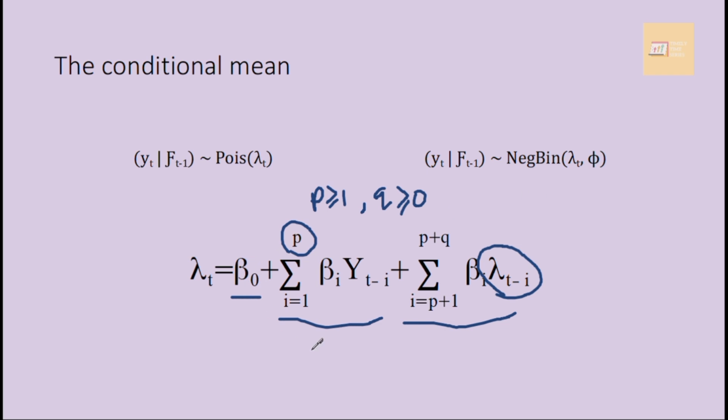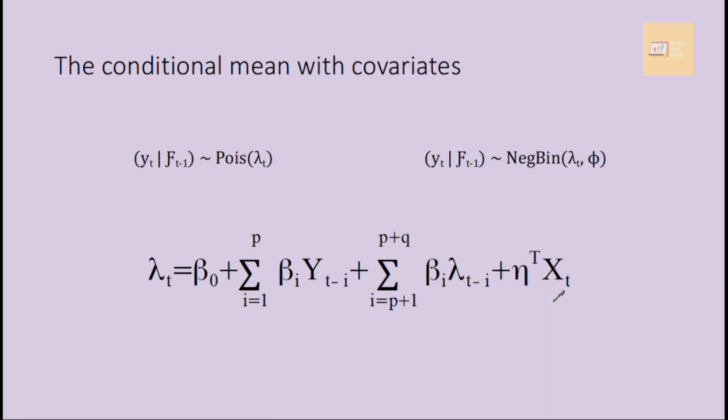Alright, now this modeling works if we don't have covariates. If we want to use them, we can do so by adding the fourth term, just here. This is the dot product between the covariates and their respective coefficients. The coefficients are put into a vector eta. More formally, eta is like this.